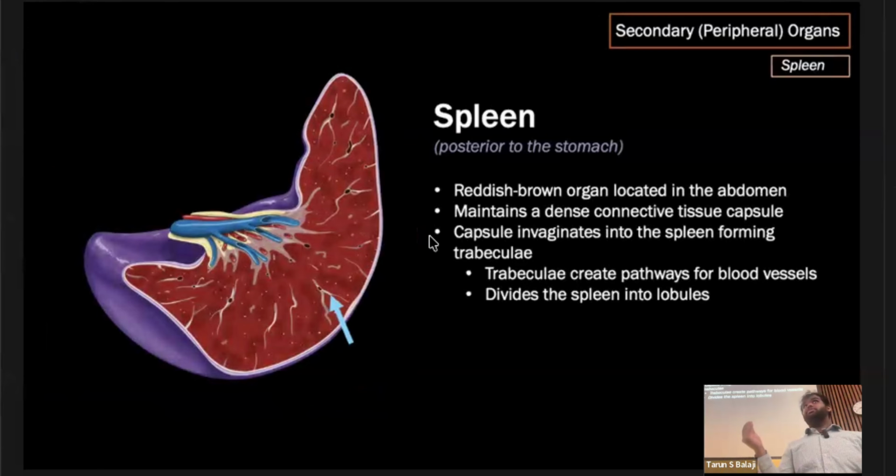These septae, they've got a specific name. We're calling these trabeculae. Now, your trabeculae are gonna bring blood vessels in and out of the spleen. Again, because you've got these little partitions, it's gonna divide the spleen into lobules again.